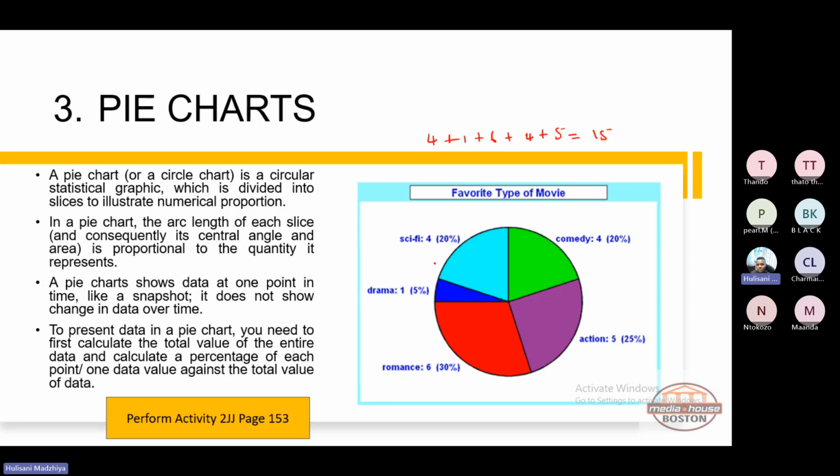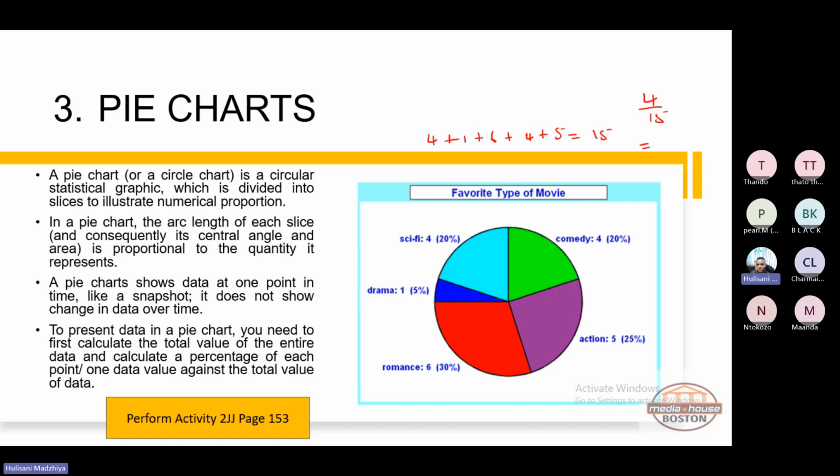To identify the portion of sci-fi, it will be 4 out of 15. We apply a ratio. A ratio gives us a portion to say that from the whole 100%, sci-fi represents how much as a percentage. We use our calculator to do that.